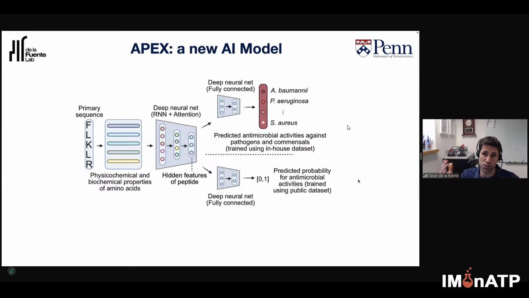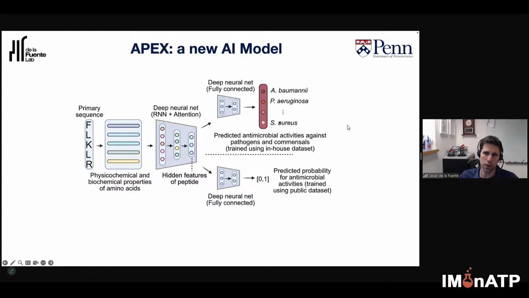It doesn't take into account the structure, which in some ways is a harder problem, to go from sequence directly to function, which is what we did here. This is the architecture. It uses recurrent neural nets plus attention mechanisms, and it's able to predict activity against many different pathogens.